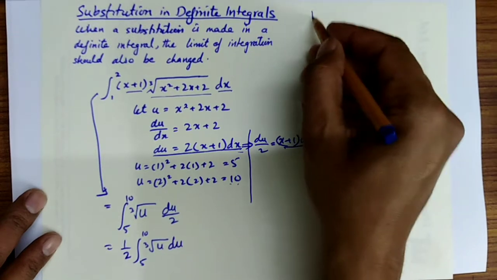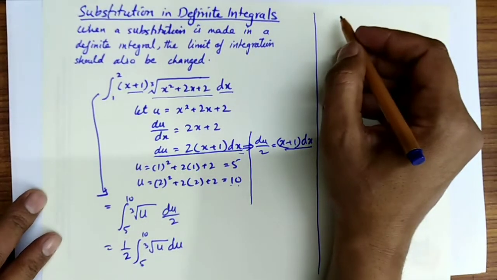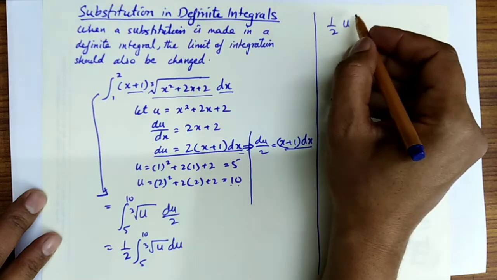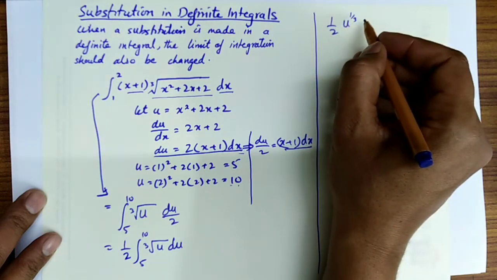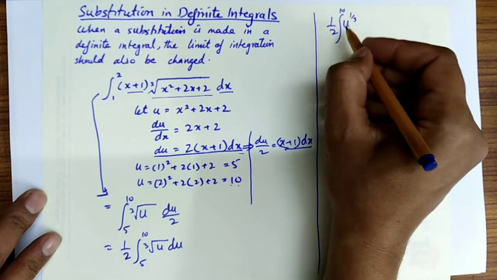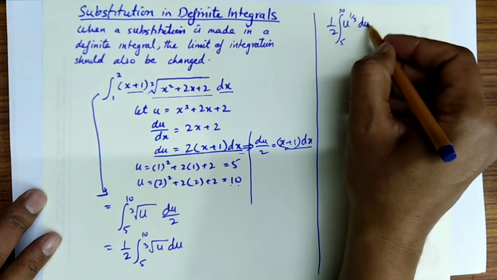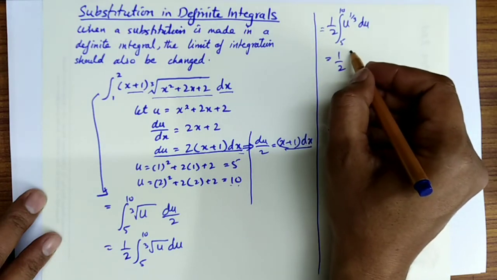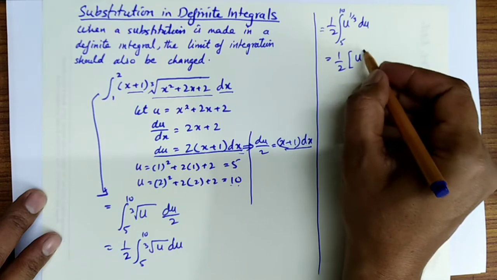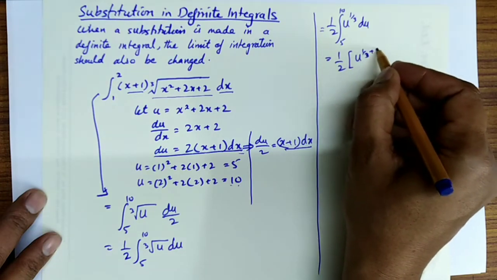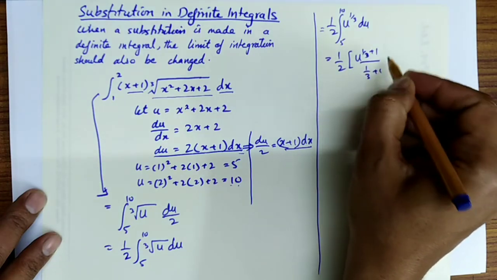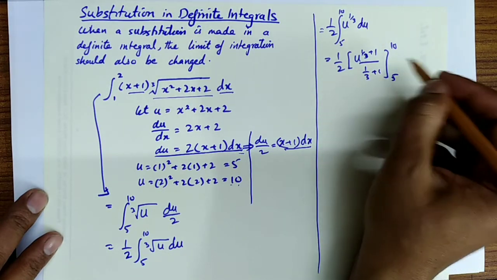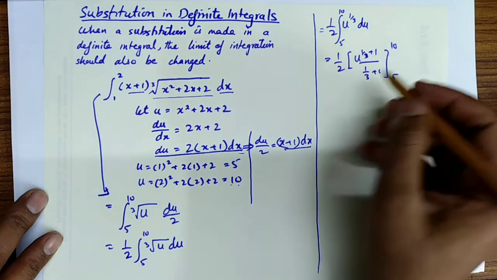and now solving 1 upon 2, u power 1 upon 3, 10 5, du. Now we can simply find the integral by taking 1 upon 3 plus 1 divided by 1 upon 3 plus 1, putting the upper limit and lower limit 10 and 5.